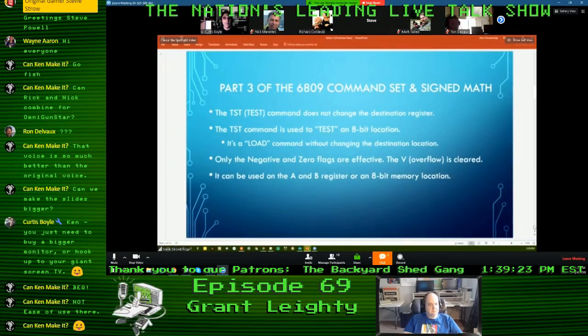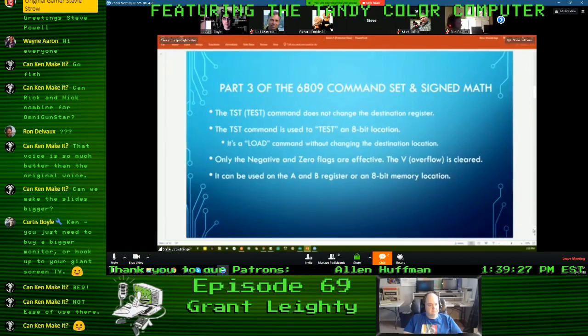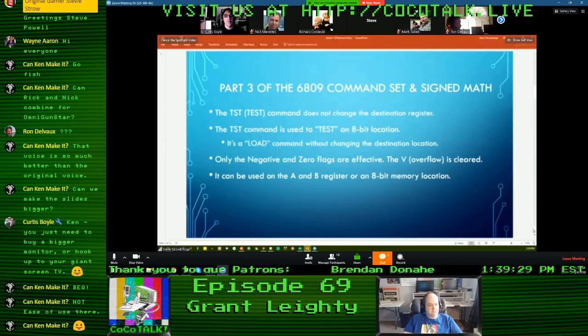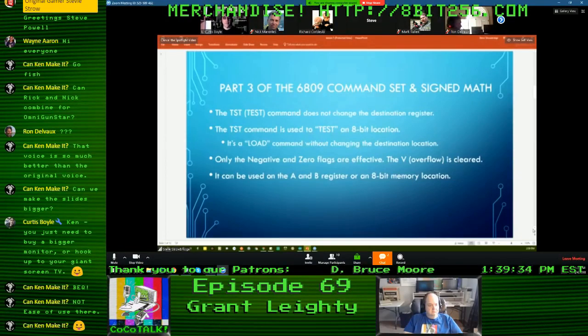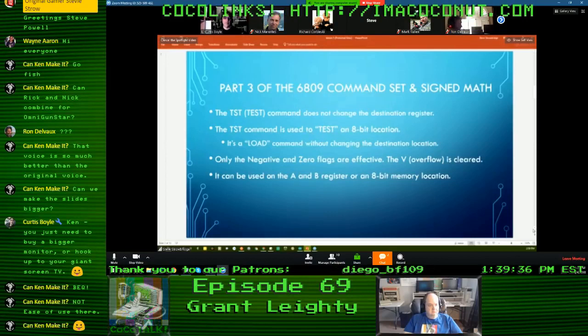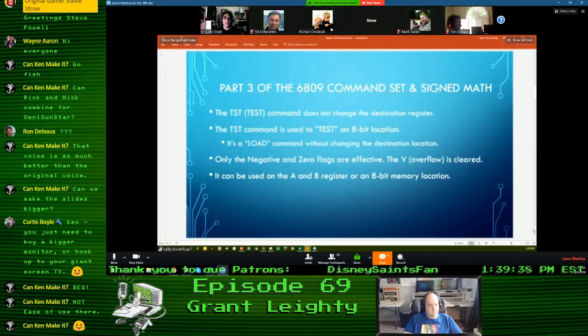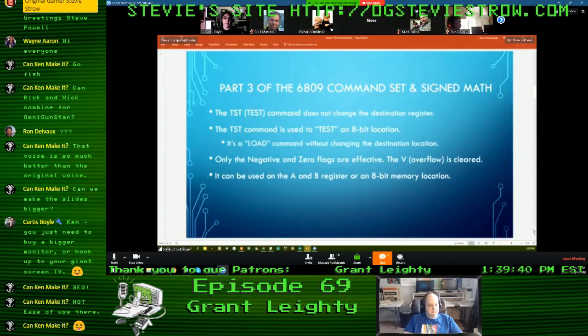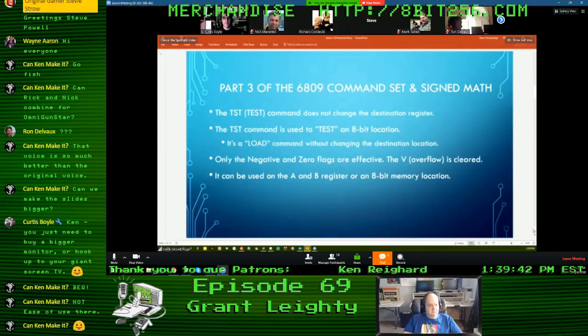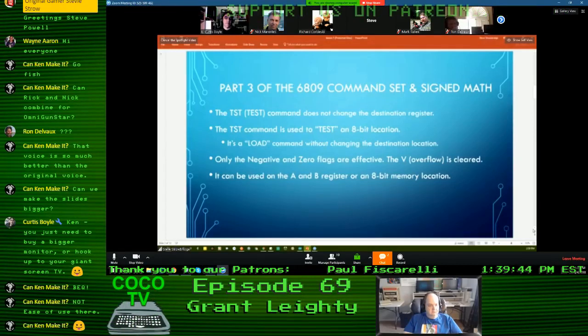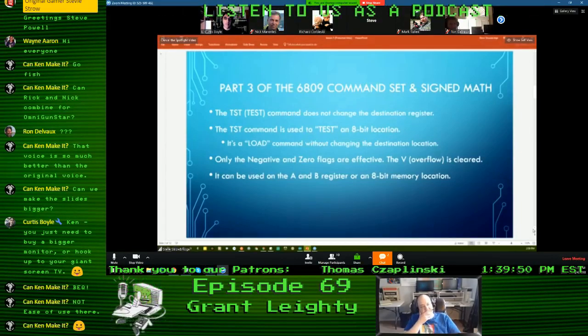Well, the test instruction's kind of similar in the sense that it doesn't affect the destination, but it effectively does a load. It loads in the information to set the flags, but doesn't put it anywhere. So once again, the negative and zero flags are set accordingly. The V or overflow flag gets cleared.